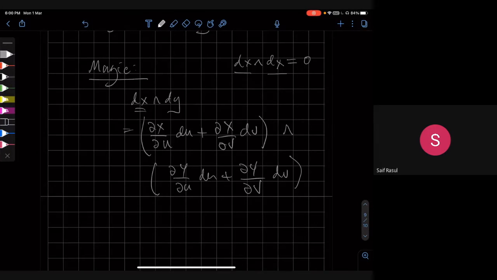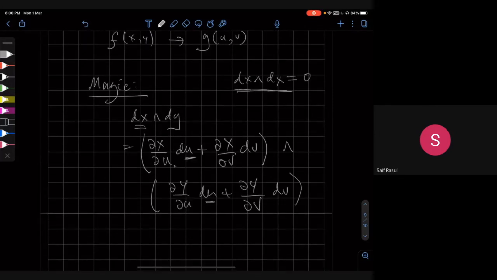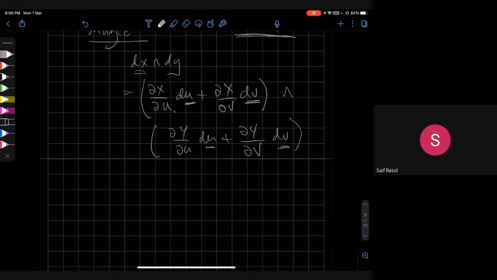Of course, I'm not writing all those, like what has to be held constant, all that. So now we get 4 terms, but here you see that 2 of these terms will be du wedged with du. But of course, if you wedge something with itself, it's going to give you 0. And then we have another term dv wedged with dv, and that is going to give me 0. So only the cross terms will survive. And what will be the cross terms?